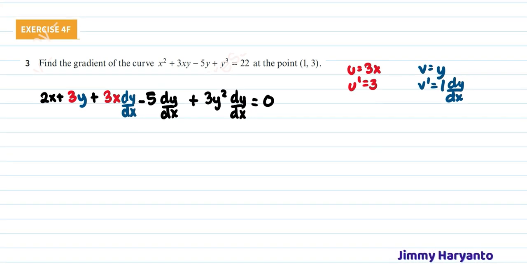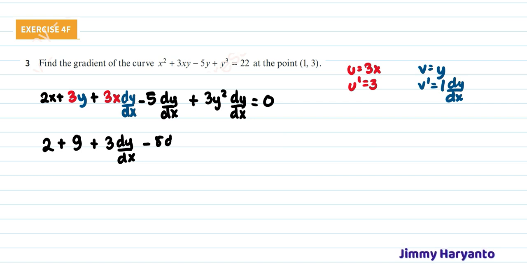find the gradient. You don't have to simplify the dy dx, but instead you will insert the value of the y and x directly. Yeah, so 2 times 1 equals 2 plus 3 times 3 equals 9. This way you will have the result faster. So this one is dy over dx minus 5 dy over dx, and then this one is 3 times 9 equals 27 dy over dx.